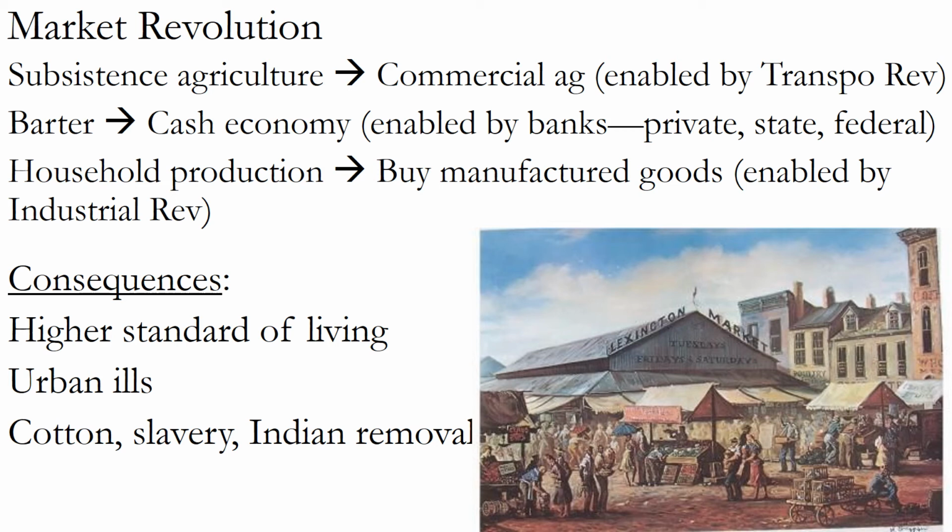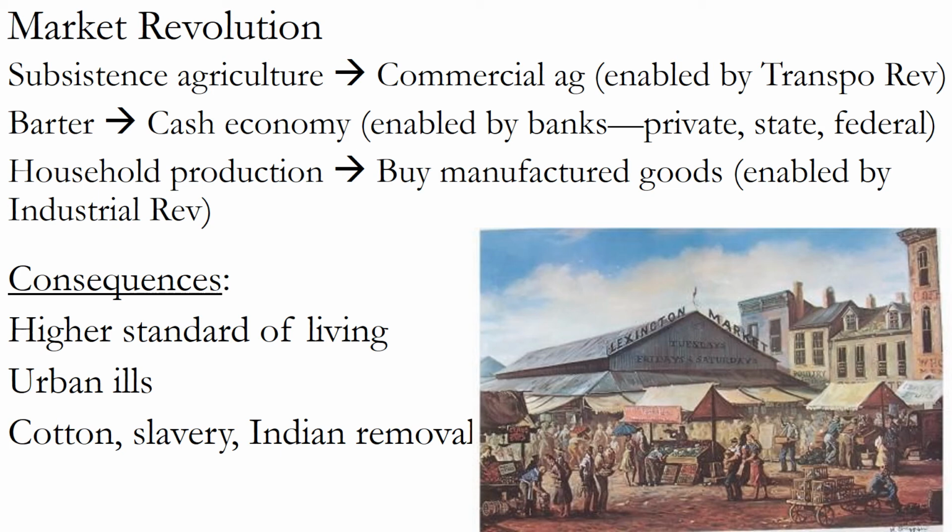Also, the market revolution is driving a cotton boom, which deepens the South's addiction to slavery and motivates Indian removal, the violation of treaties to get Indians off valuable cotton real estate. Now, Americans in the West and the South are totally feeling all that, especially Southern Americans.